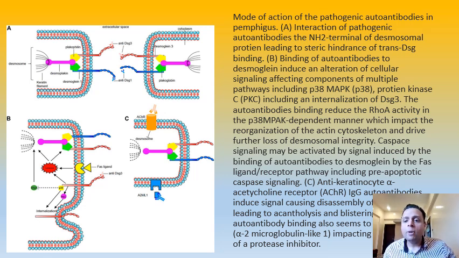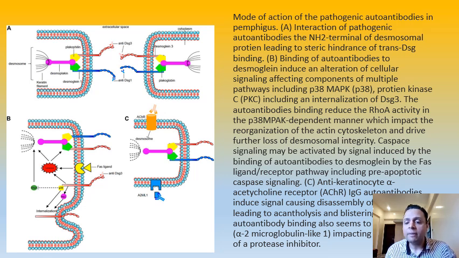I already told you there is a steric hindrance. So interaction of the pathogenic antibodies: these autoantibodies are actually against the amino terminal of the desmosomal protein. So please remember, sometimes they ask you whether it is a carboxy or an amino terminal. So antibodies are against the amino terminal, leading to steric hindrance of trans-interaction. So one is the P38 MAPK pathway, another is just a steric hindrance, because when these autoantibodies bind to desmoglein, they will lead to alteration in the cell signaling pathway, and which is the cell signaling pathway?